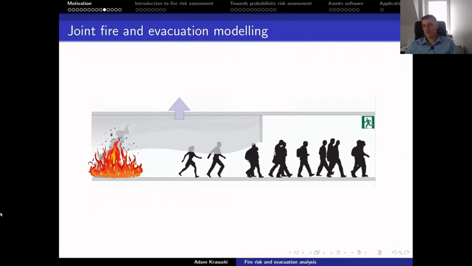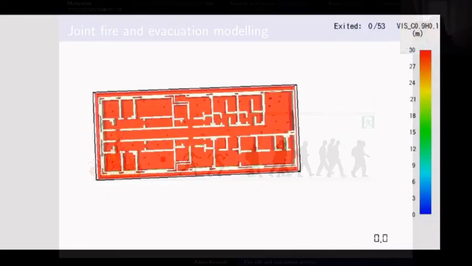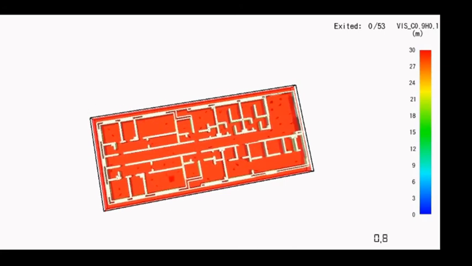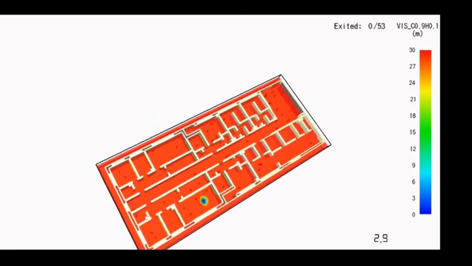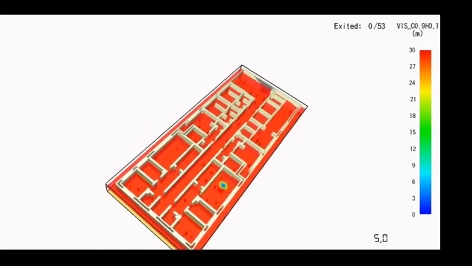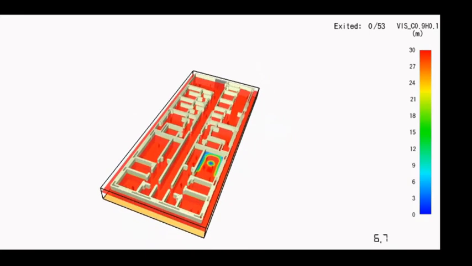So in this sense, we can judge whether the ASET-RSET analysis is satisfied or not. However, the problem is, if we look again at this simulation, that the people do not find the path free of smoke.